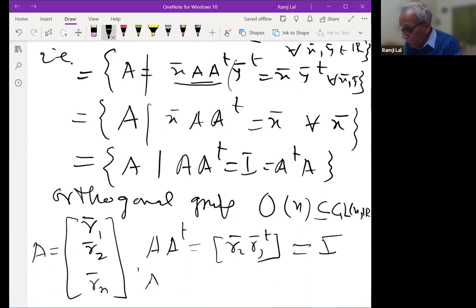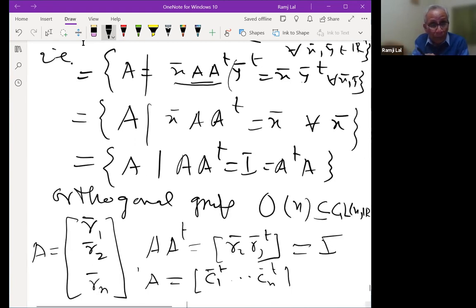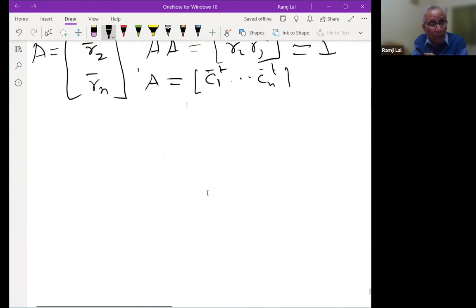If you write A in terms of columns C1 bar, up to Cn bar, then the transposes of these are also orthonormal. That means columns are orthonormal and rows are also orthonormal. I'll come to an example here later. Right, so that is the orthogonal group.